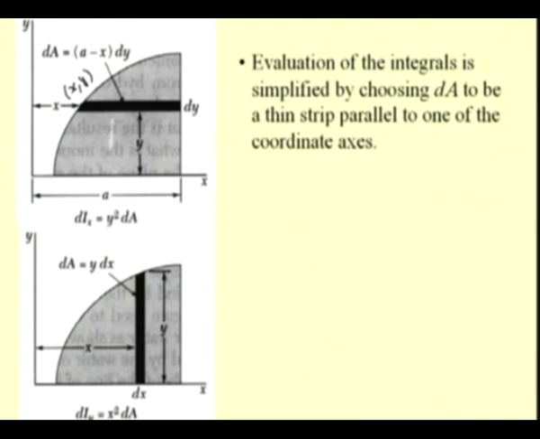The differential second moment of this area dIy is defined as x square, the square of the distance of this thin strip from the y axis, times dA, where the area of this element is y times dx, dx being the width of the strip and y the height or the length of this strip. So, by choosing these elements, the integration becomes simpler. That means, the double integration has been simplified to single integration.